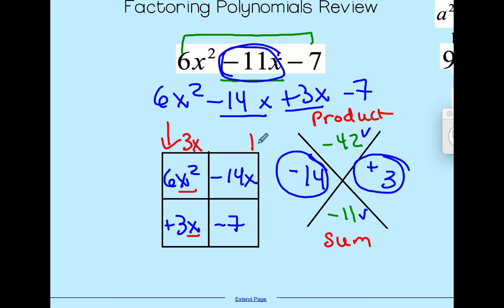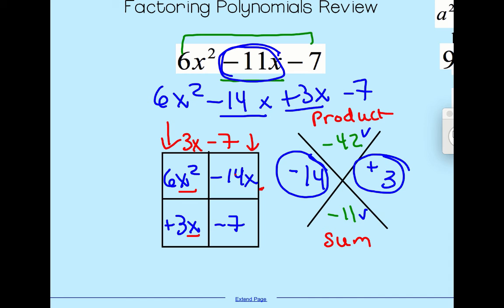And when I get to here, if the first term is negative, I write a negative. And I see that 7 and 14 have a common factor of 7. Since this is the only one that has an x, and this one doesn't have the x, that means I can only take out a negative 7.